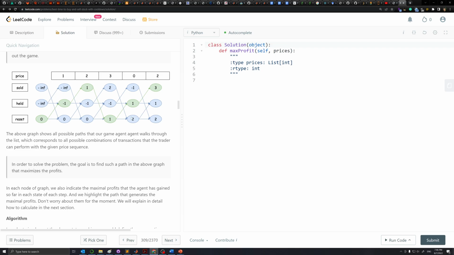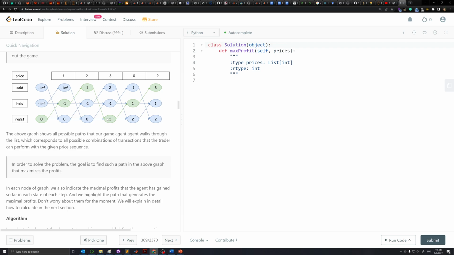What does hold on to it mean? If we hold on to it, because we just sold it, right?